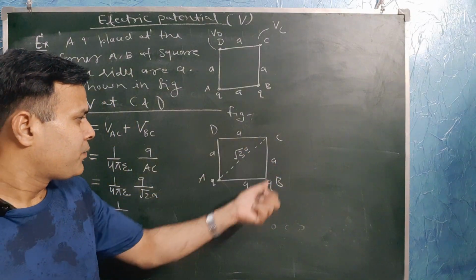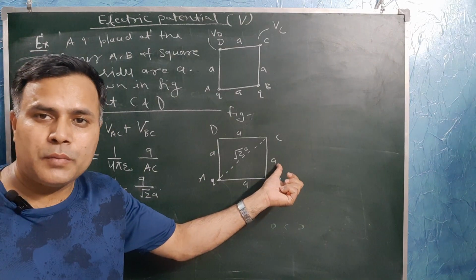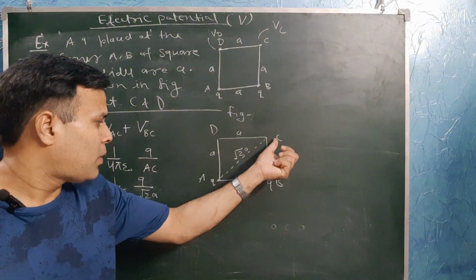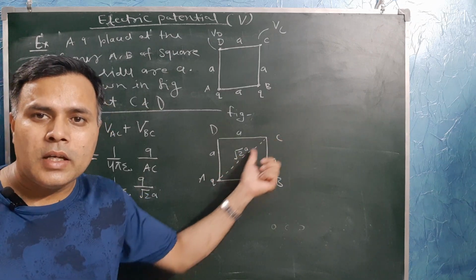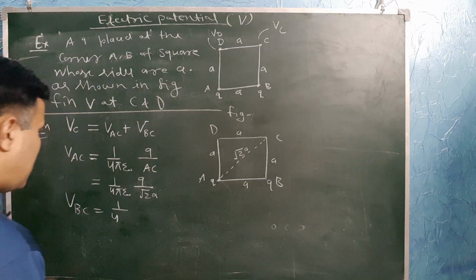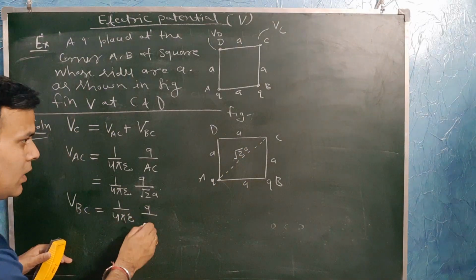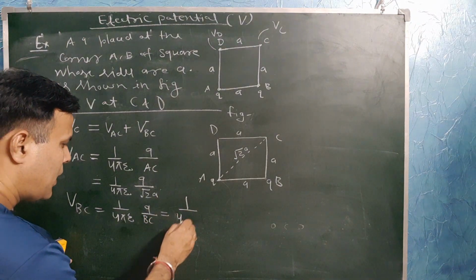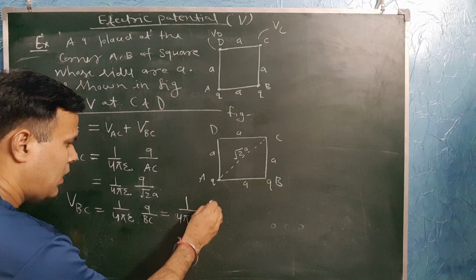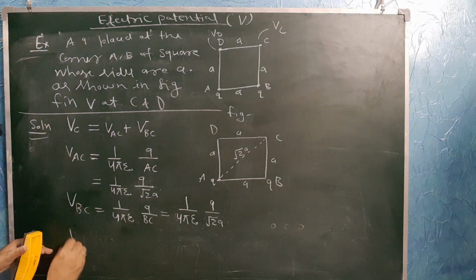In this case, from C to B, R is BC, and from C to A, R is AC, which is root 2a. So VBC is 1 upon 4 pi epsilon naught Q by BC. Now adding these two, what do we have?